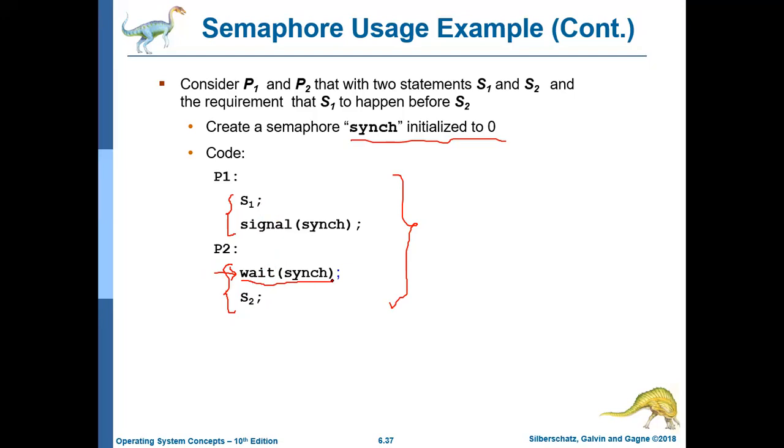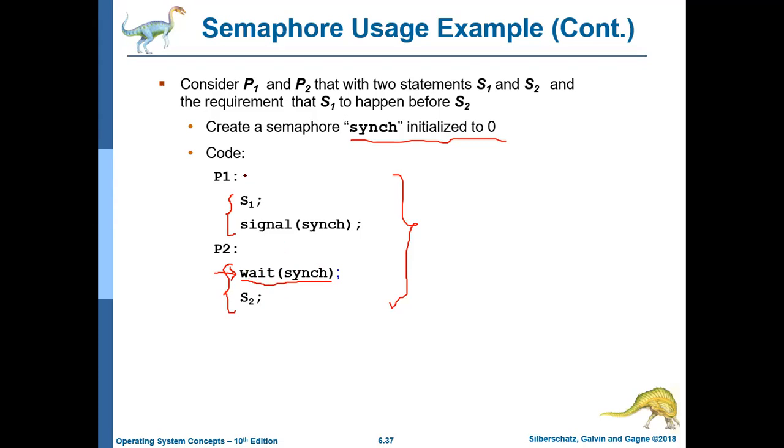It will check whether the sync value is greater than 0 or not. No, the sync value is equal to 0. According to the wait protocol, if the value of the semaphore is 0 or less than 0, you have to wait. Here the sync value is already 0, so it will be stuck here.